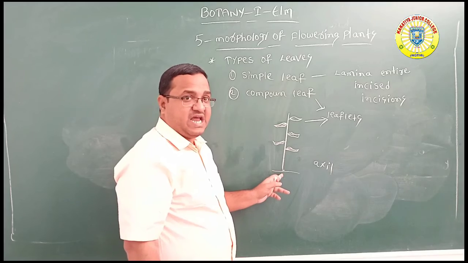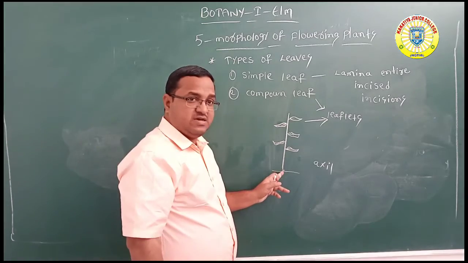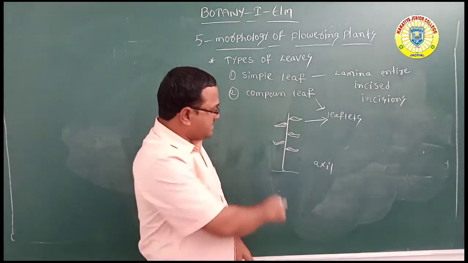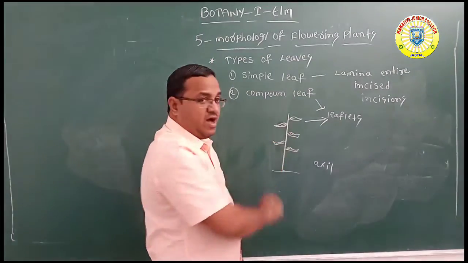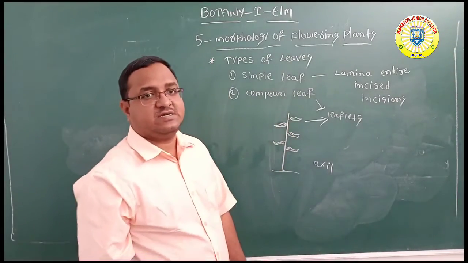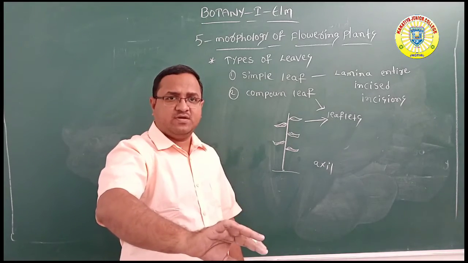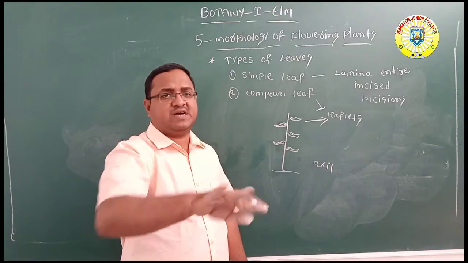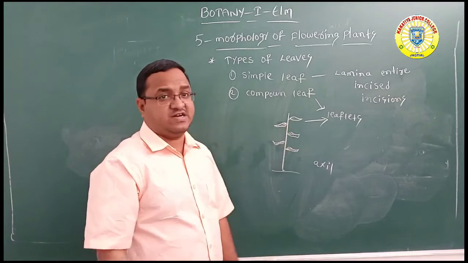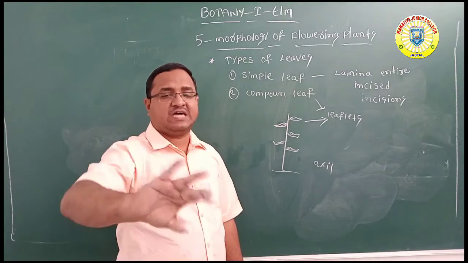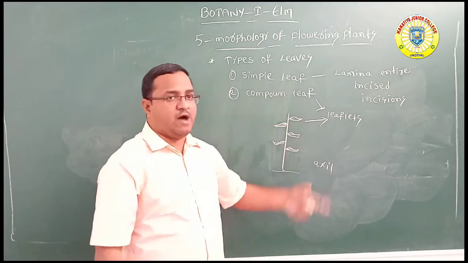Only the axil of the petiole of the compound leaf has buds. So these are the simple and compound leaves.